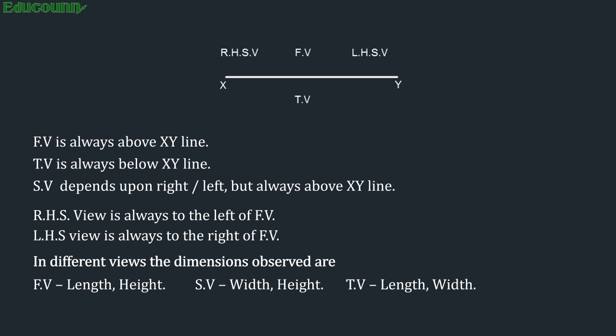In front view you are not going to see width, in side view you are not going to see length, and the observer of the top view is not going to see height in any case. Since this is a 2D projection, in each view only two dimensions are obtained. In short, front view has length and height, side view has width and height, and top view has length and width.